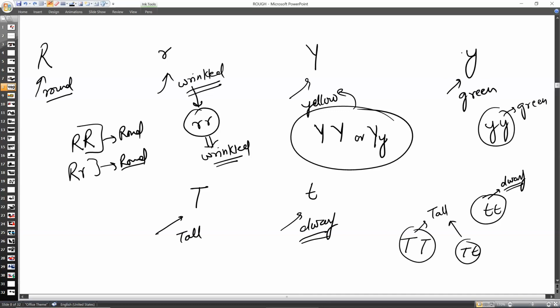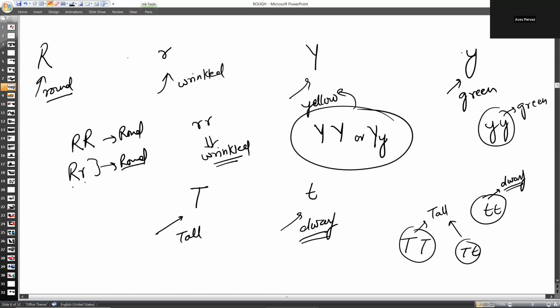If we want round shape, it can be obtained if both are capital R, or if we have capital R and small r. One R is sufficient to obtain round shape. Are you getting the point?